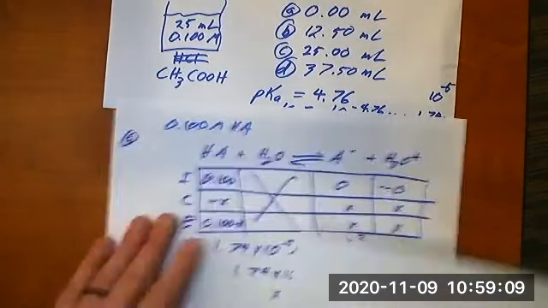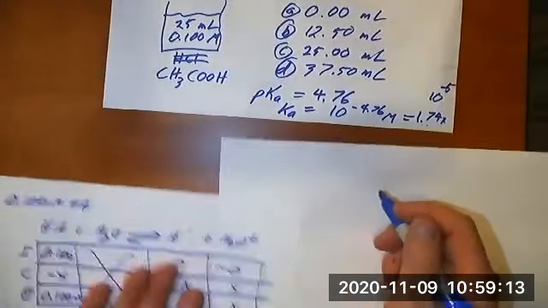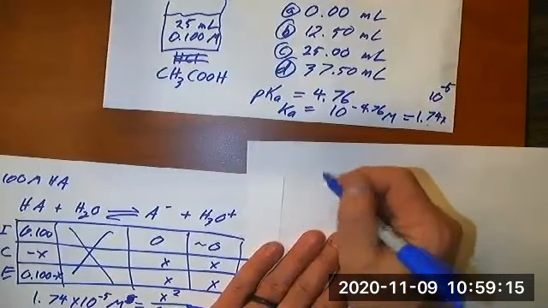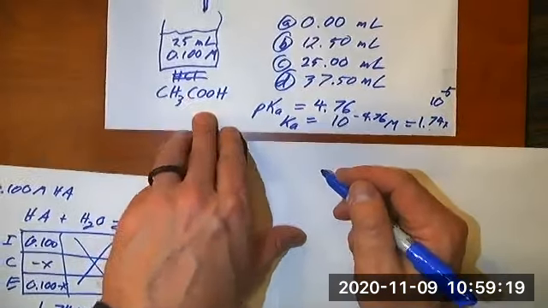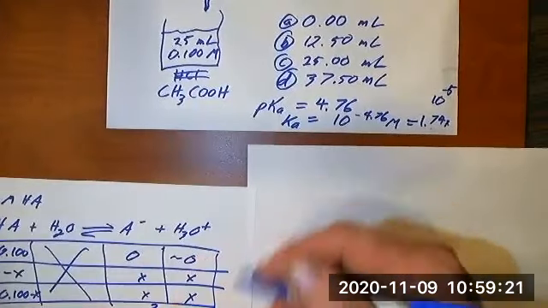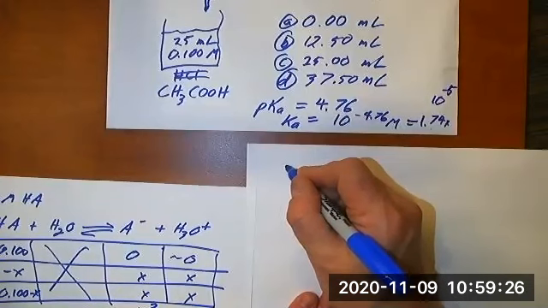So the way to look at this is that we need to figure out our concentrations. Well, we need to figure out our number of moles to begin with, since our volumes are changing.